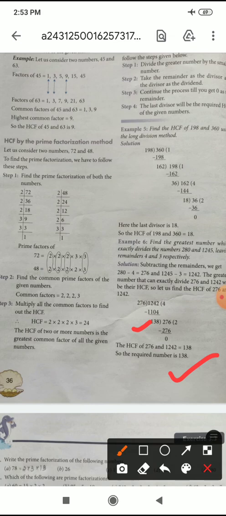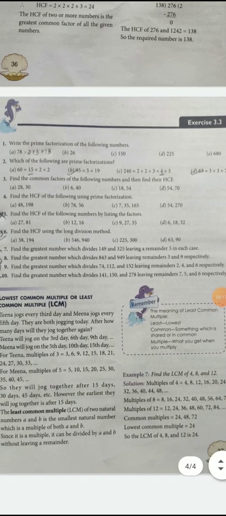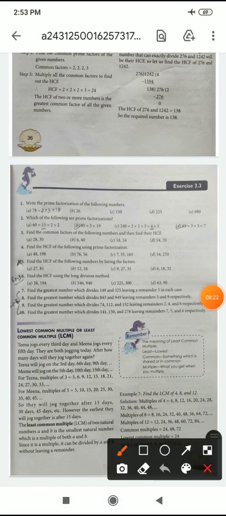Okay. Then comes exercise 3.3. See number one. Write the prime factorization of the following numbers. Like this, children, you find out the prime factors of the given numbers.